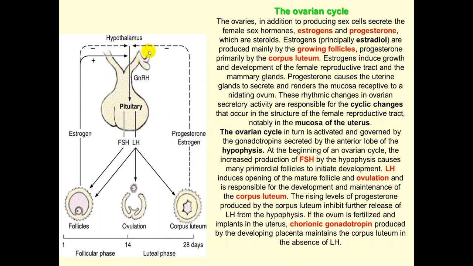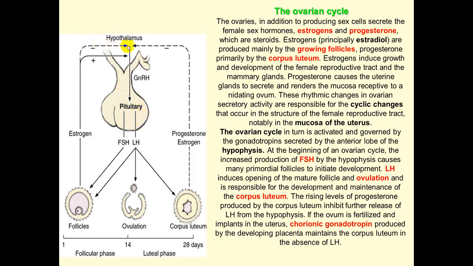I told you that the female reproductive system is closely regulated by the nervous system and endocrine system. Today we know that the hypothalamus produces gonadotropin releasing factors, liberins, which stimulate the trophic cells of the pars distalis of the pituitary.